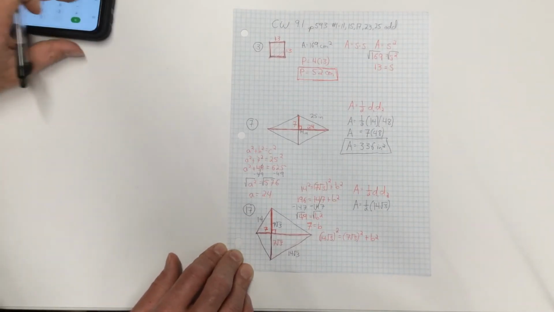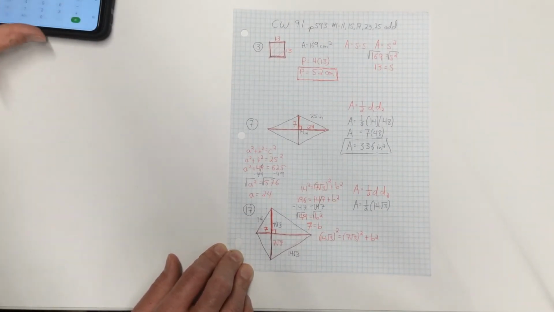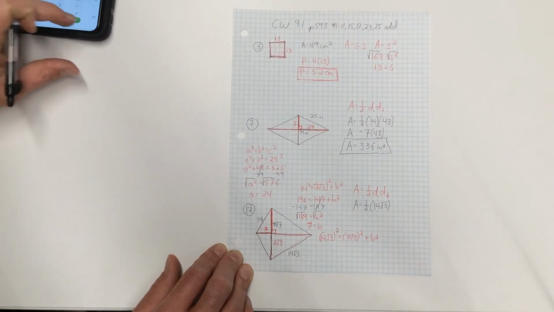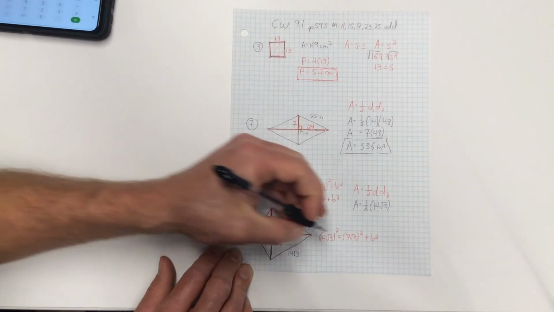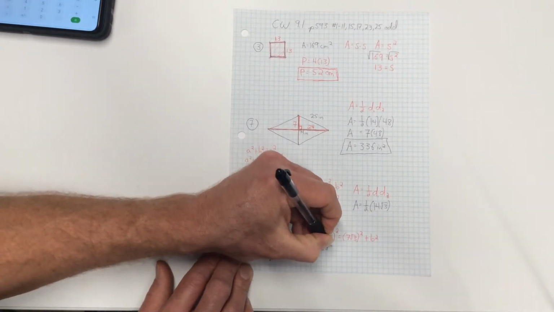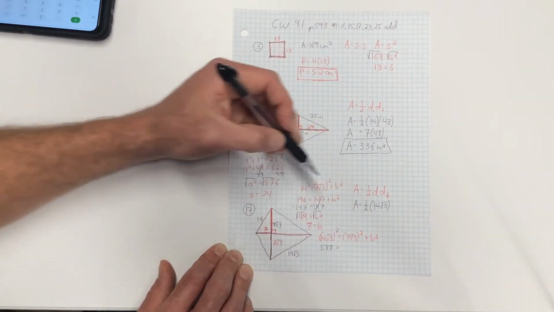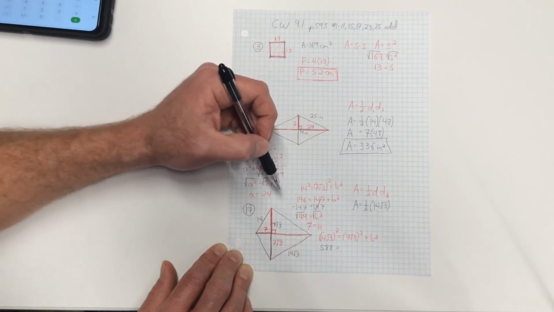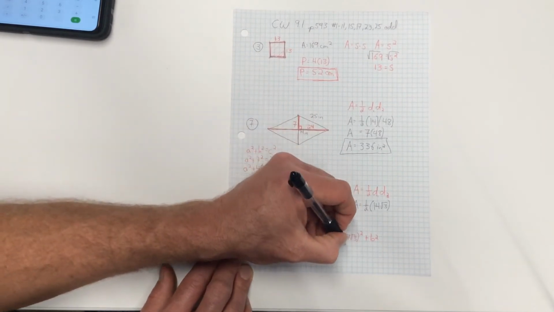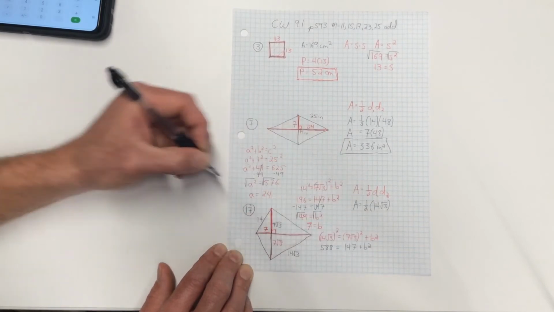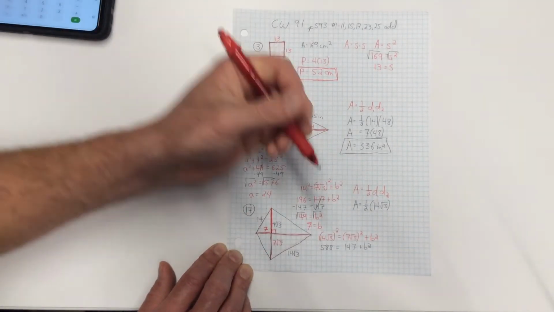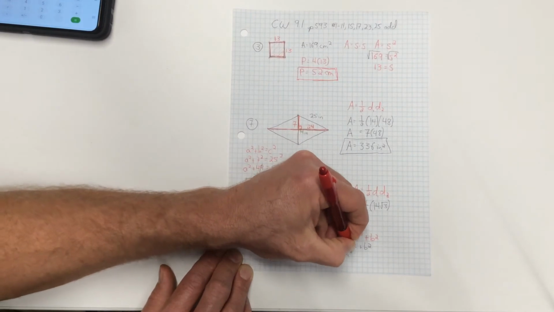That's a pretty big number. Let's see, 14 times 14, times 3. So this is 588 equals, I already know what 7 root 3 squared is. It's 147. 147 plus b squared. So now we'll just subtract our 147.